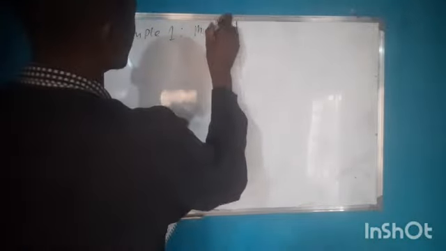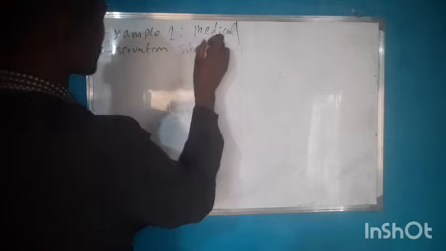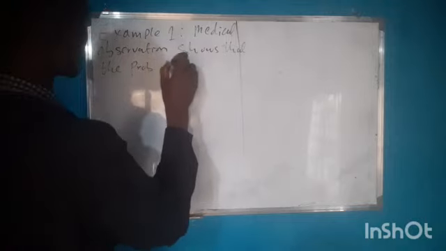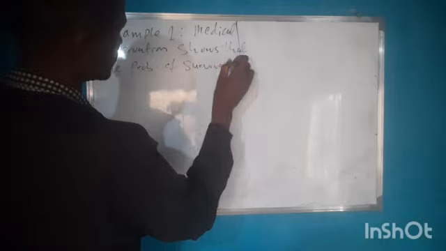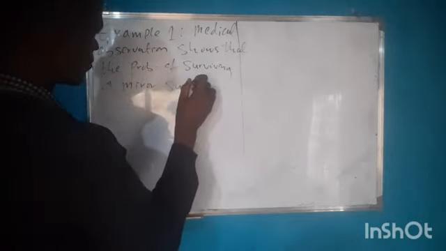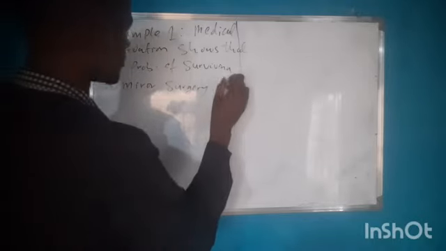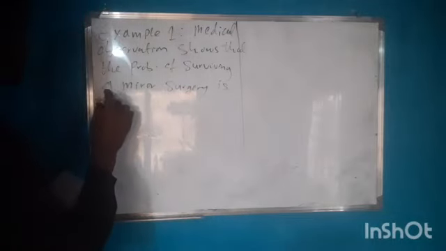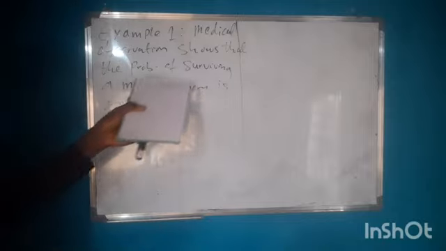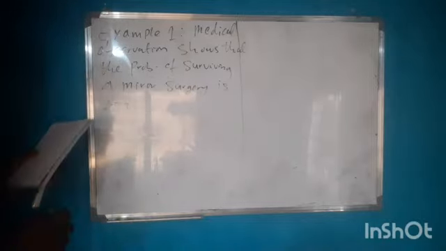Medical observation shows that the probability of surviving a neurosurgery is 0.72.